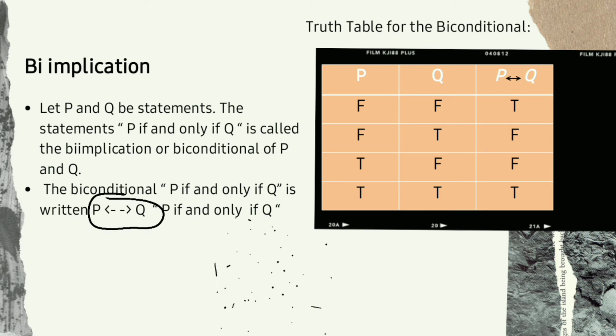If we read it, P if and only if Q. So we have an example of a truth table for the biconditional.